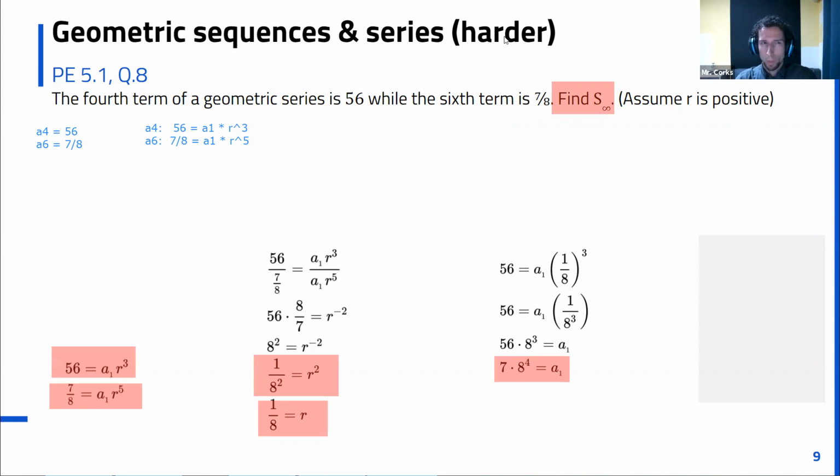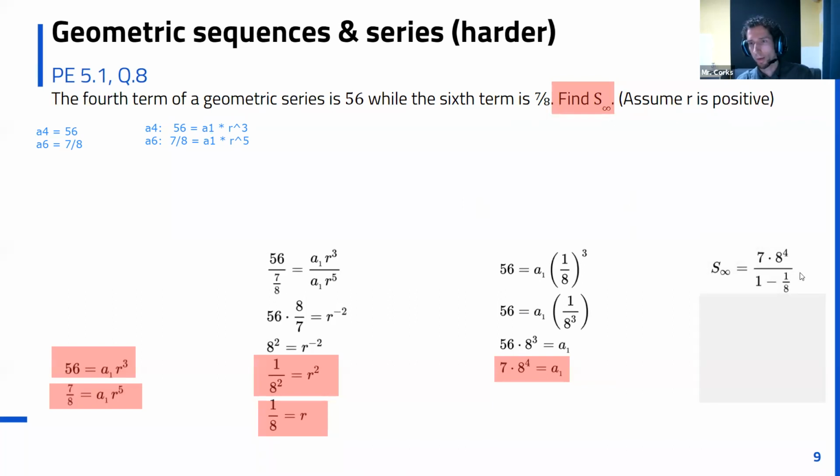Okay, are we ready to use our infinite sum formula? Yes, we have R, we have A1, so we just throw everything into the equation. Here is A1 over 1 minus 1/8.